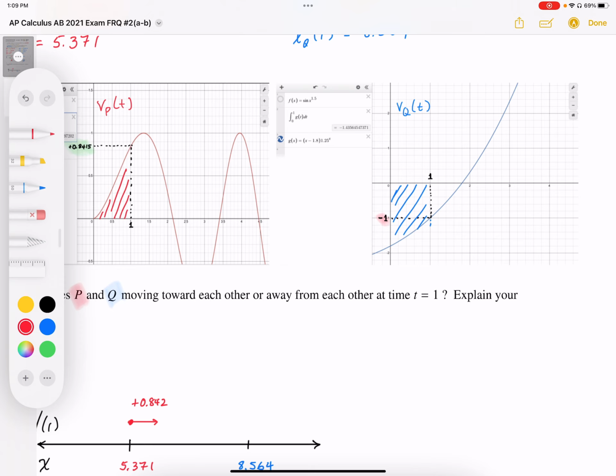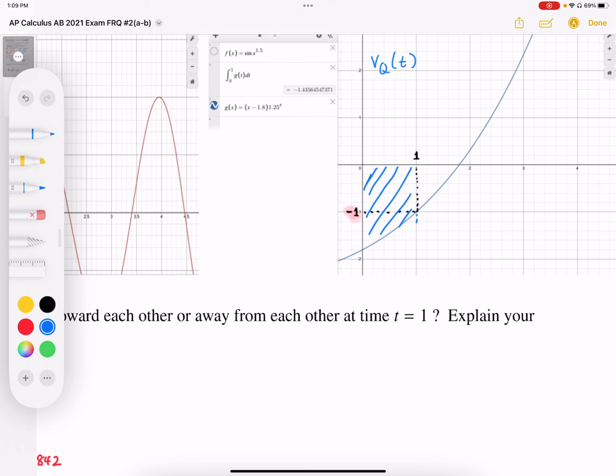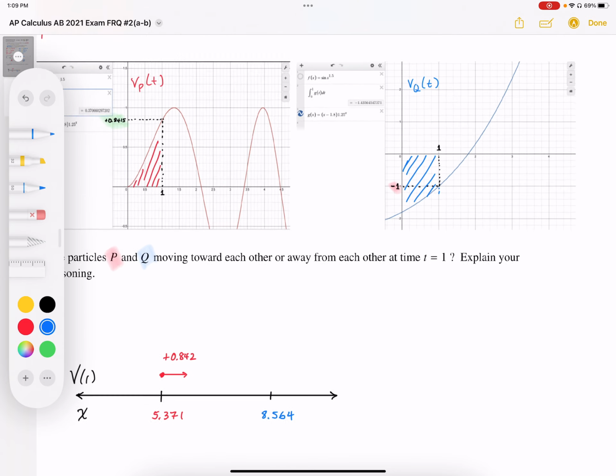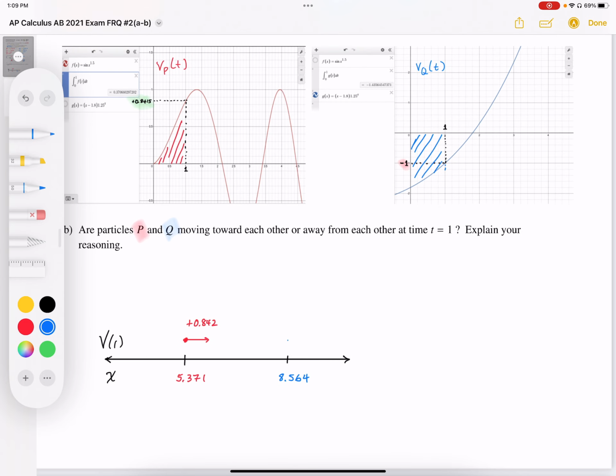This is the y coordinate of that velocity function. That velocity we can see from the graph works out to be -1. So at that time, particle Q is going to be in that position, and it's going to be moving in this direction. So -1 is going to be the velocity.